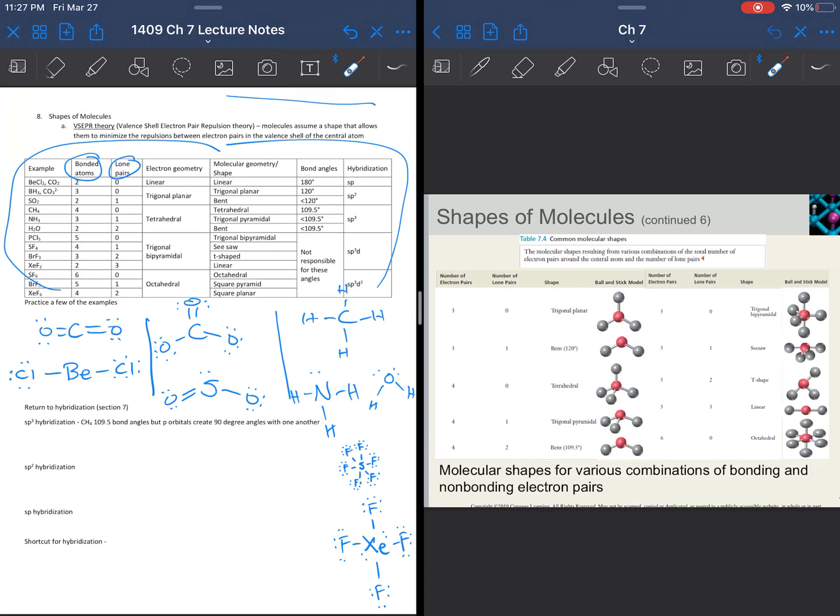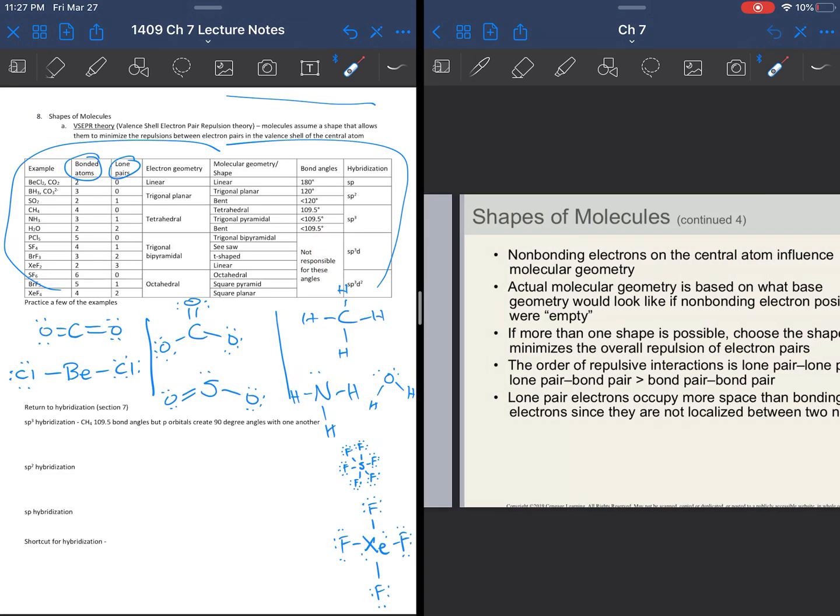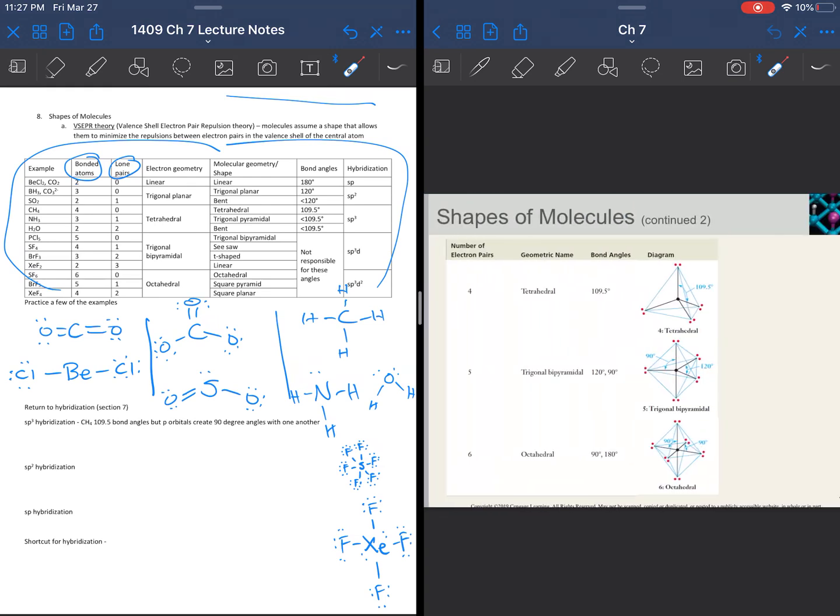You're going to continue on to trigonal bipyramidal if you have 5 groups, and octahedral if you have 6. But for those, you're not responsible for the bond angles. They get to be a little bit more complex, meaning that there's more than one. So for instance, trigonal bipyramidal, when you have 5 groups, you wind up with 90 and 120.